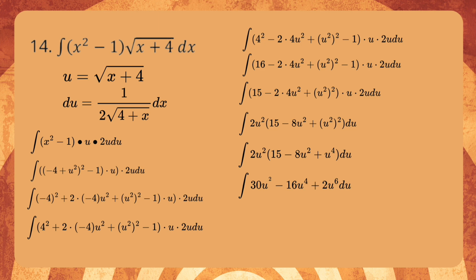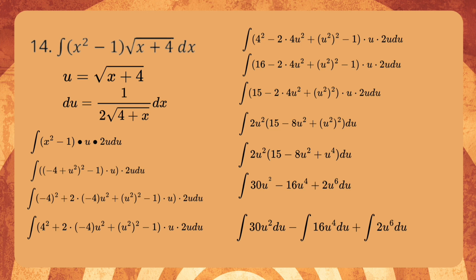So 2u squared times 15 is equal to 30u squared, and 2u squared times negative 8u squared is equal to negative 16u raised to 4. And lastly is 2u squared times u raised to 4 is equal to 2u raised to 6 times du.